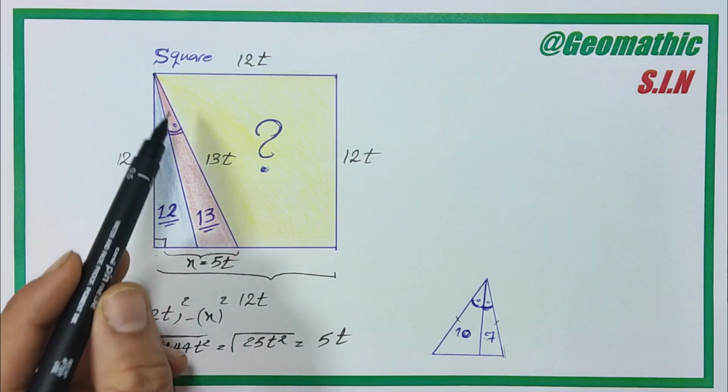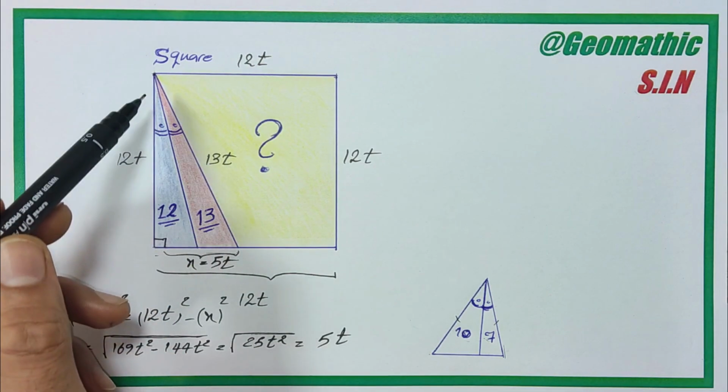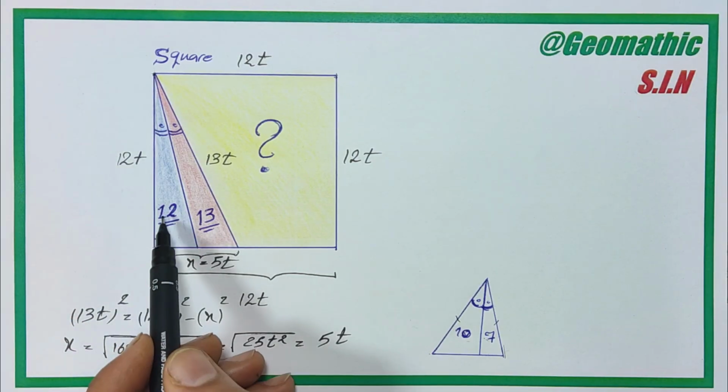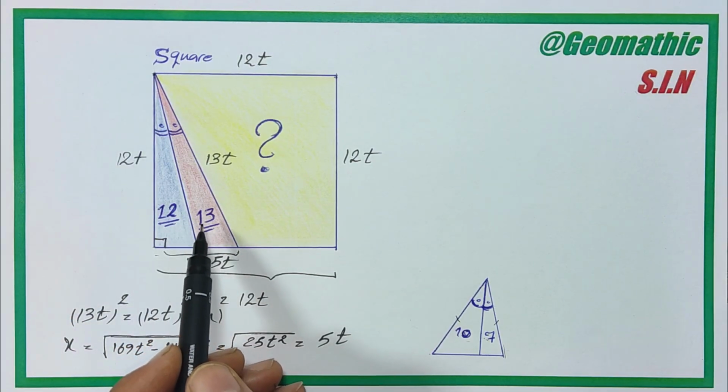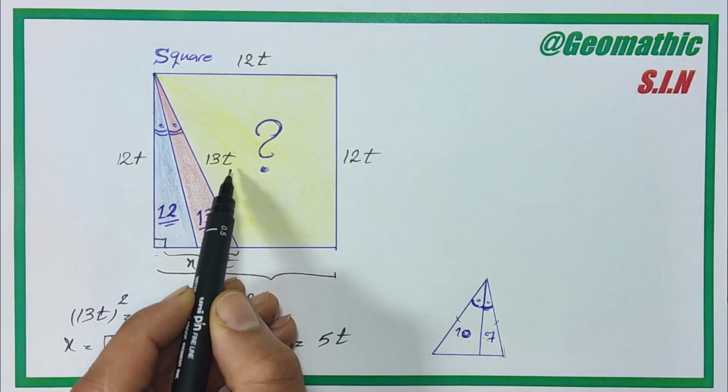Now we have the length of all three sides of this right angle triangle, and of course we know the area of this triangle, which is 12 plus 13 equals 25. And now we need to find the area based on the parameter t.